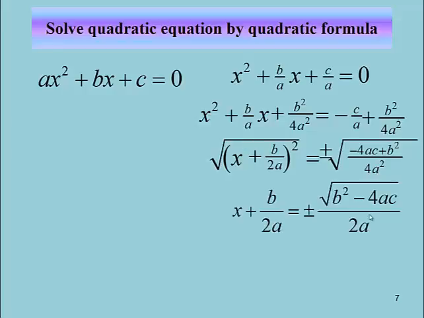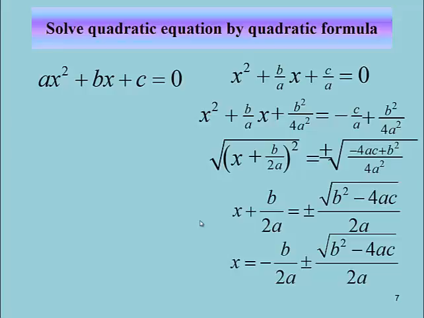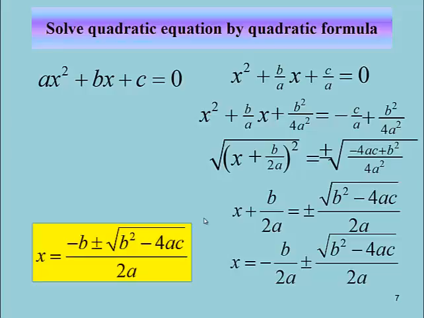Square root of 4a squared would be 2a, but you can't do the square root of 4ac and b squared. So you just leave it like that, switch them around, and then subtract b over 2a from both sides. Put those together into one expression. This is the quadratic formula, which is on the formula sheet. You don't even need to memorize it.